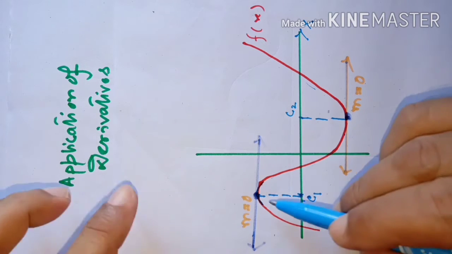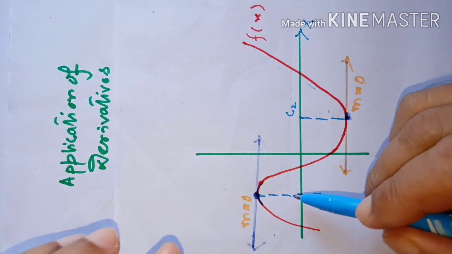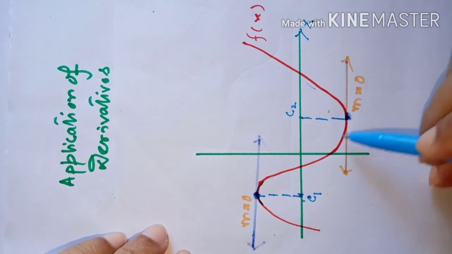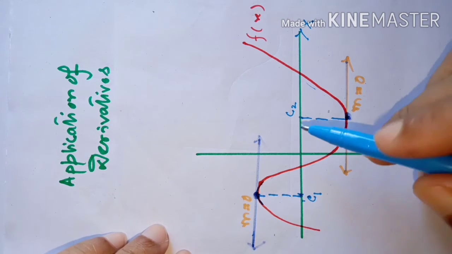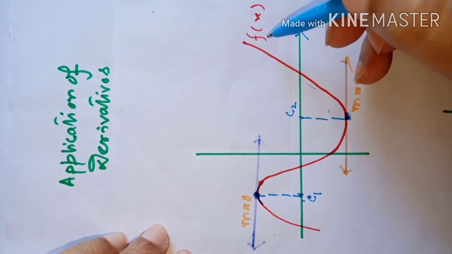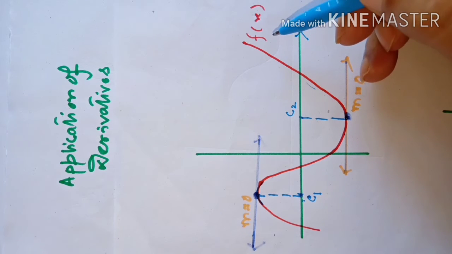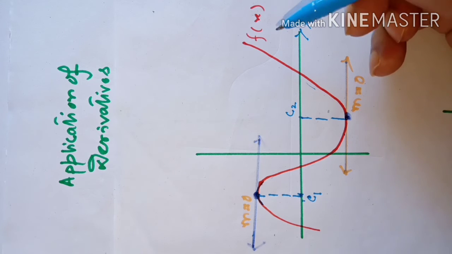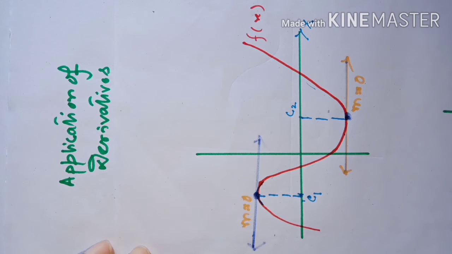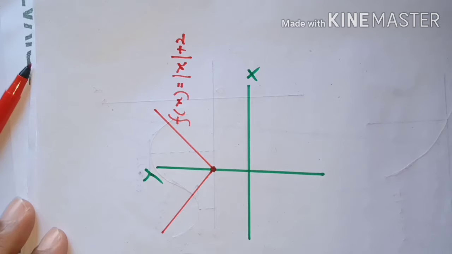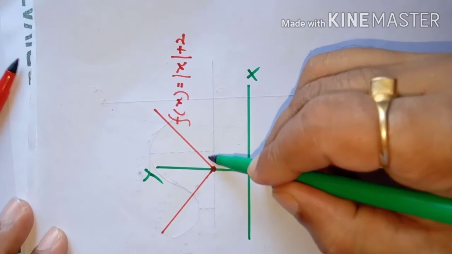That means at the turning points the slope is 0, if the function is continuous and differentiable, meaning you can find its derivative, because there are some functions of which you cannot find the derivatives. One example: look at the graph of this function.